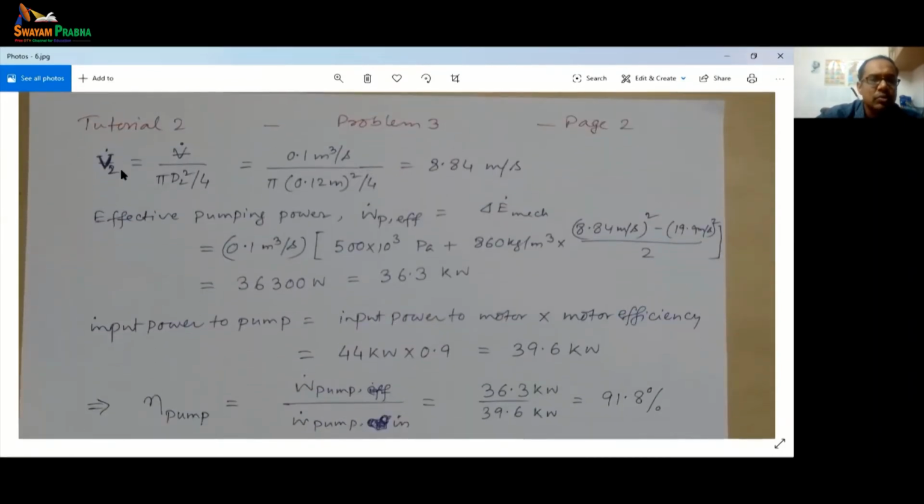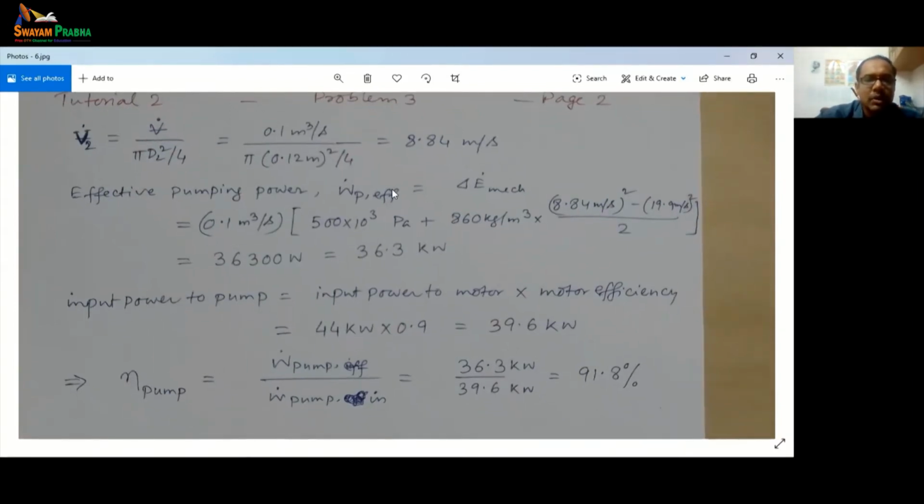Again, V2, the velocity at outlet condition, will be the same volume flow rate divided by pi d2 squared by 4, and this d2 is nothing but 12 centimeter or 0.12 meter. Okay, so if you simplify, you will get velocity to be 8.84 meter per second.